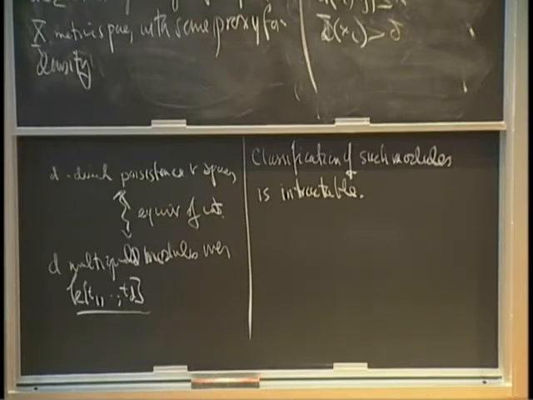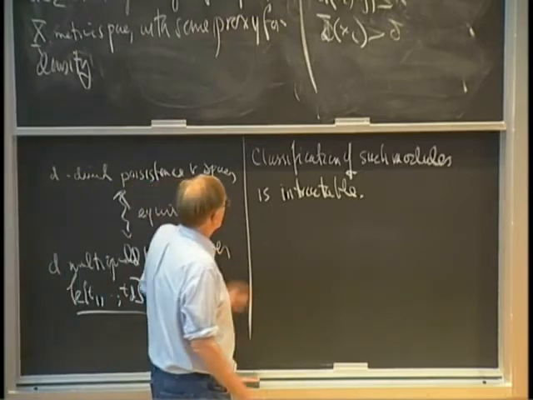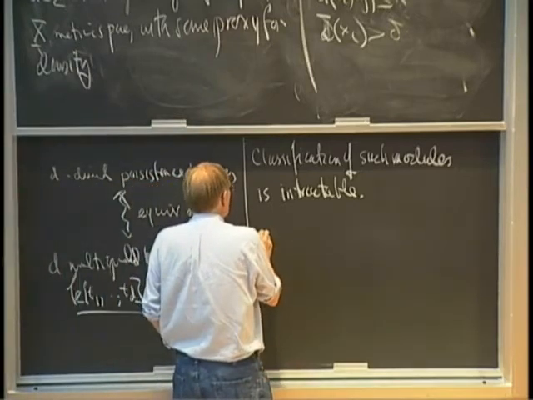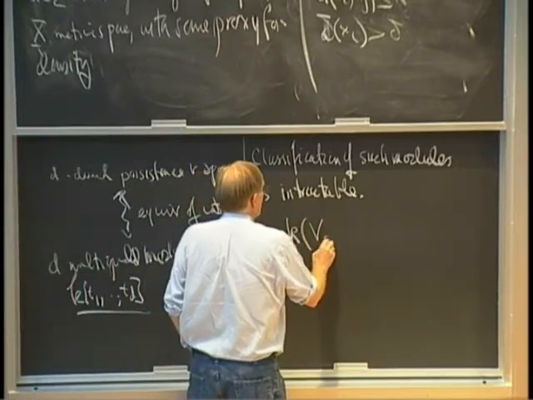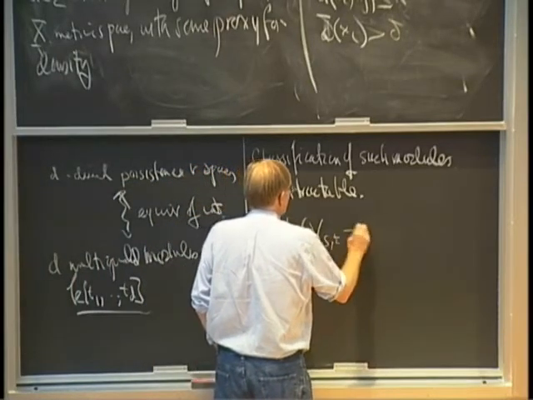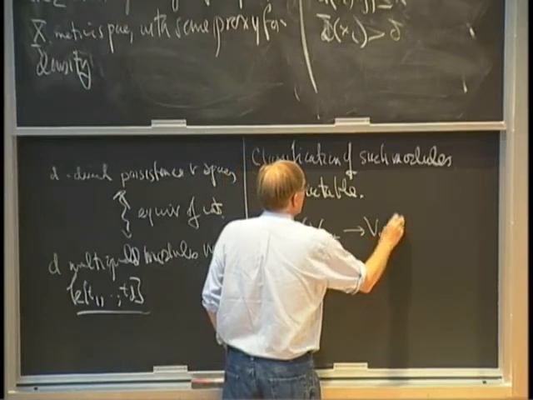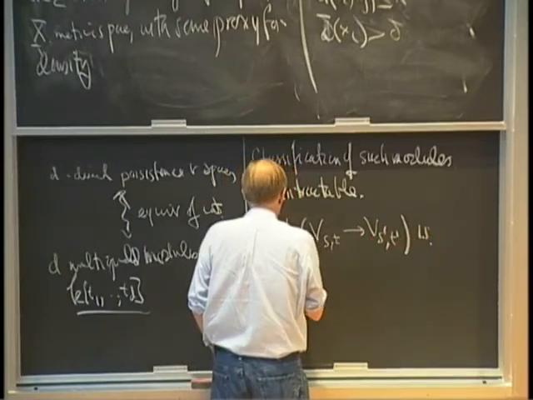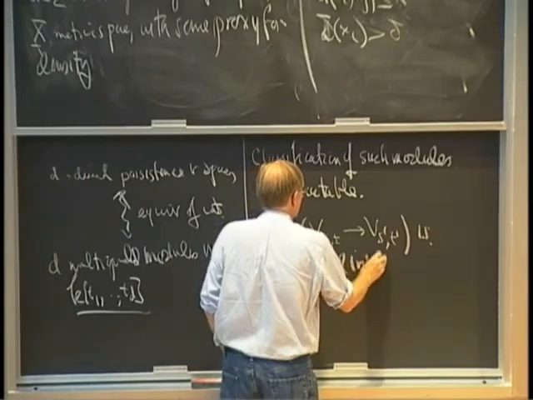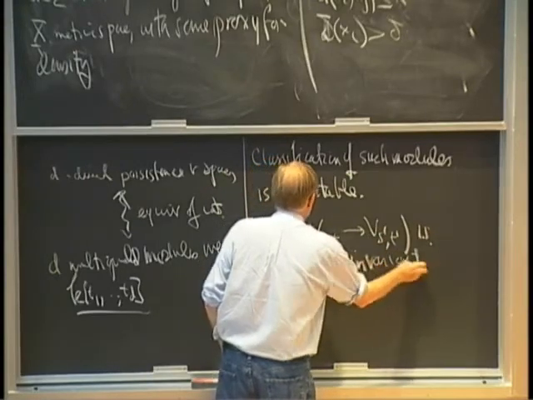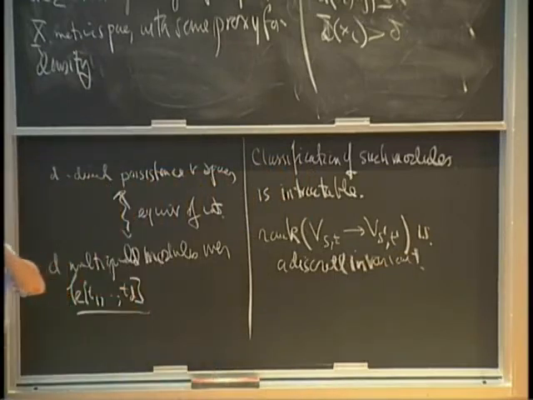Now, we have things we can do. We have some invariants, like the rank invariant, which is the function rank of V_{s,t} to V_{s',t'}, a discrete invariant. But it's unsatisfactory here. I mean, we don't know what to do with it. When we see a persistence barcode and we see a long bar, we know that's a feature.